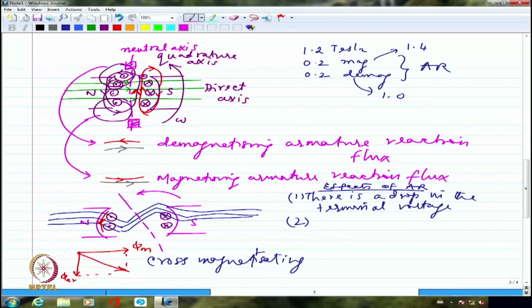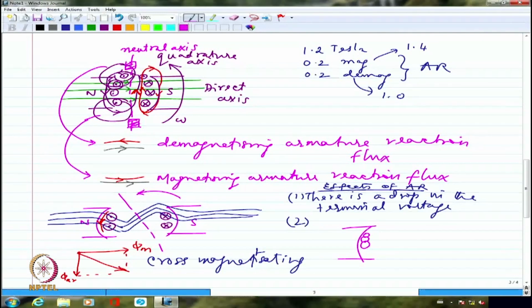So normally in many of the machines which are very fussy about armature reaction, we might put some conductors. So this is my pole. I may place some conductors which are known as compensating windings. They are compensating for the armature reaction flux, which is cross-magnetizing in nature.